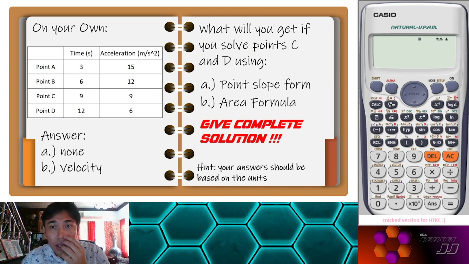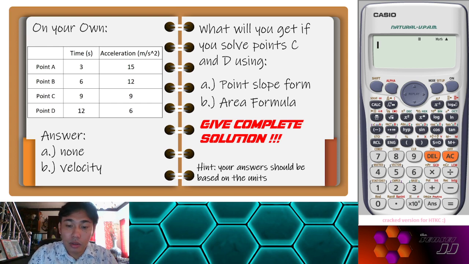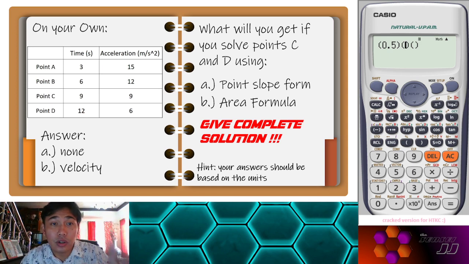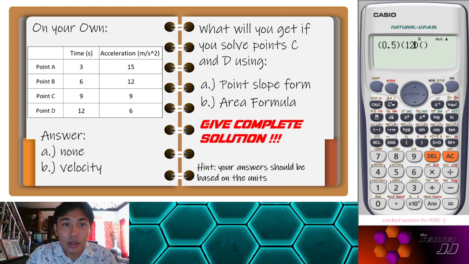We have the triangle, which is base times height. The base is our time, 12 minus 9, and for our height we have 6 minus 9.